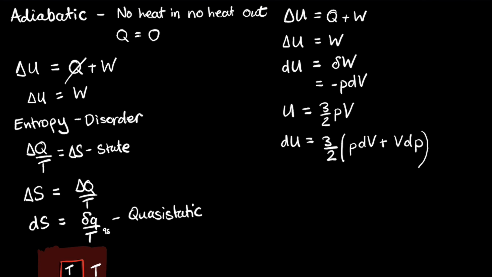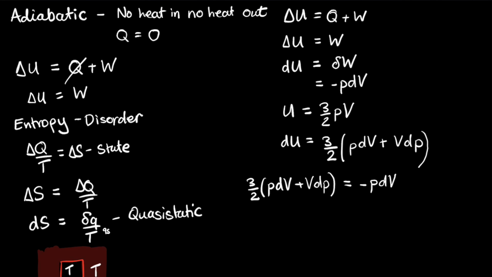Now remember, this process is adiabatic, so I've said nothing about volume or pressure being constant. Unfortunately, we can't delete any of these terms as much as we want to. So we've got dU equals 3/2 (P dV plus V dP), and now we can substitute this back into this equation. So we get 3/2 (P dV plus V dP) is equal to minus P dV.